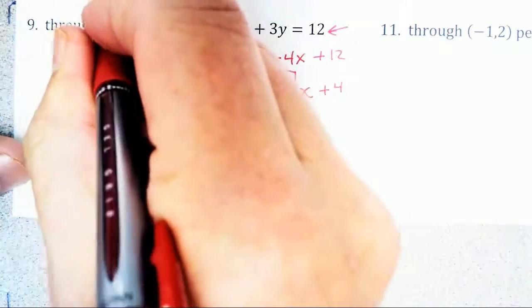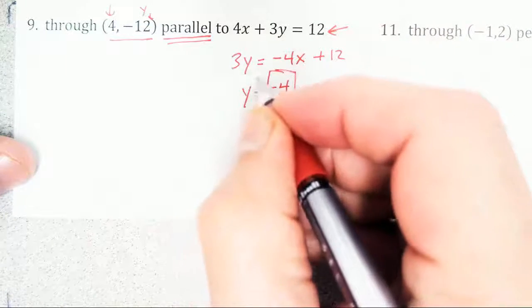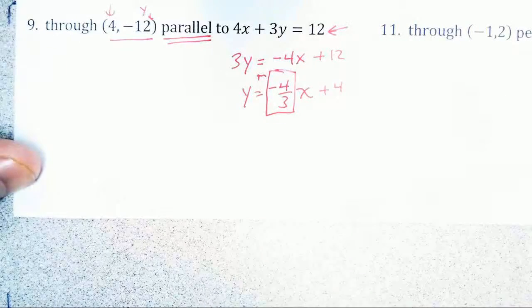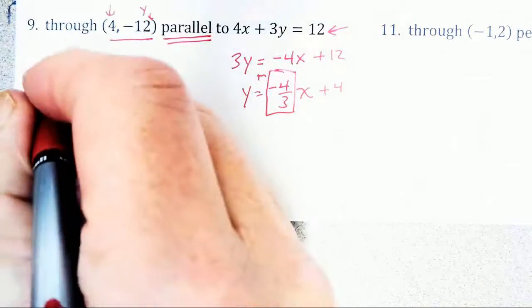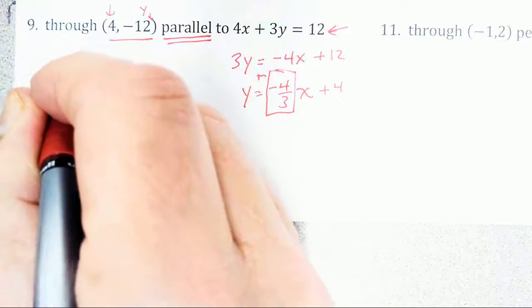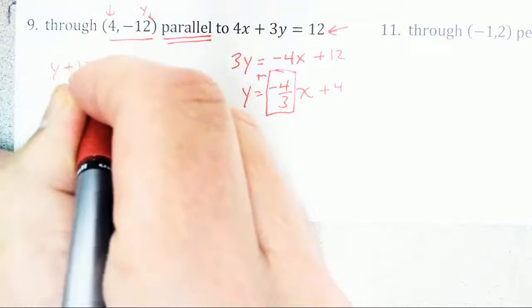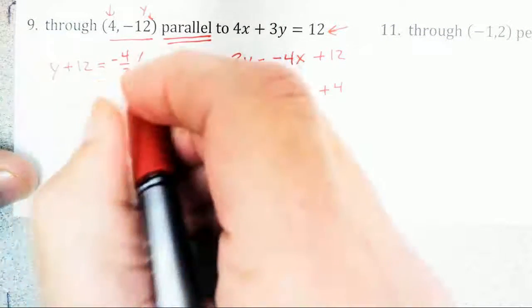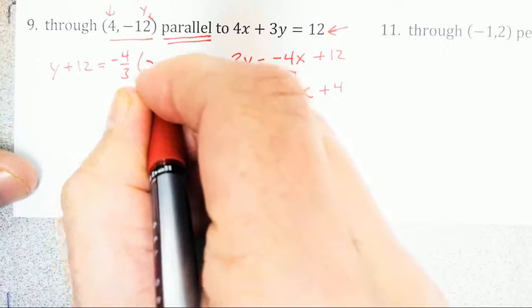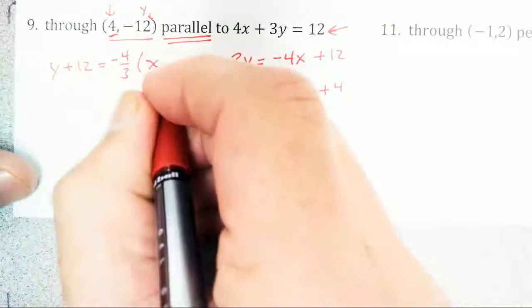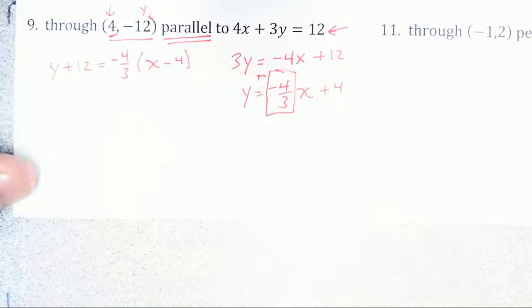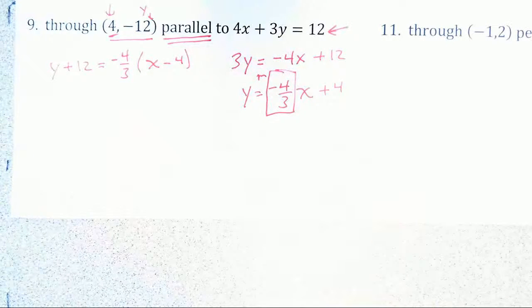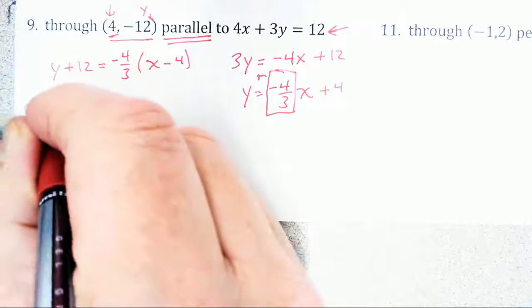So now I have my puzzle pieces. I have an x, I have a y, I have a slope. So put my puzzle pieces in place here, and I've got y minus my y coordinate, y minus negative 12, y plus 12, equals slope negative 4/3 times x minus our given x coordinate, 4. And I want to solve this for y. How about we distribute?